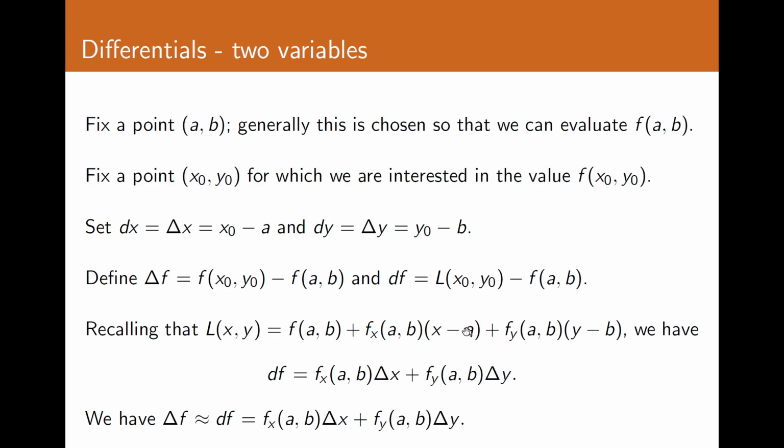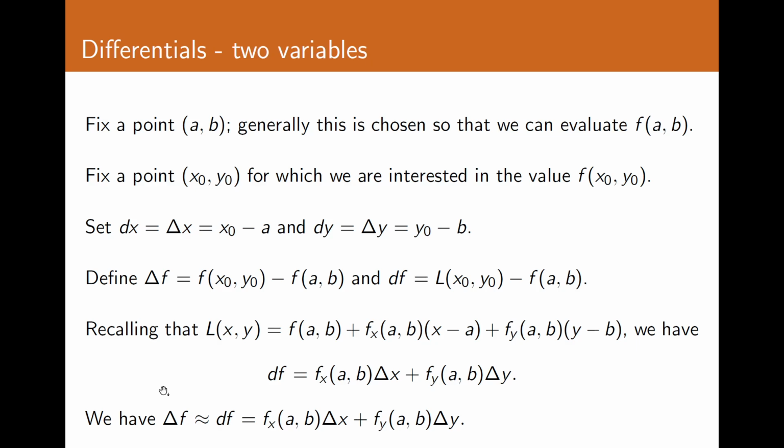So maybe pause the video here and make sure you understand where this is coming from. You're just looking, df is the difference between these things, so go ahead and plug x0, y0 into this equation, subtract f of a, b from it, and check and make sure you understand where this equation here is coming from.